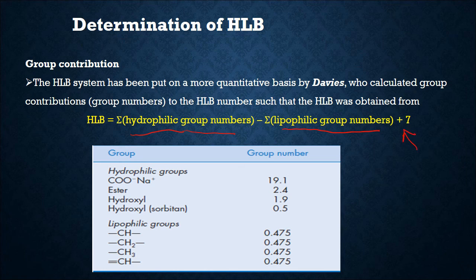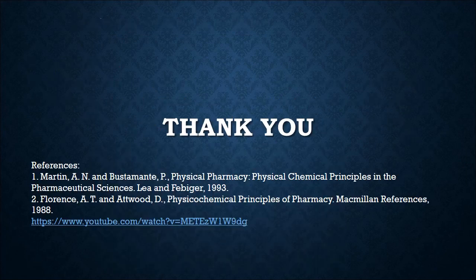This is another formula. So the group number is assigned here. Whenever you have a group of, for example, CH, then you add 0.475, and then you have to calculate how many CH are in your molecule, and then you sum them and subtract the lipophilic part. Then you add 7, and you will get the HLB of the substance that you want.